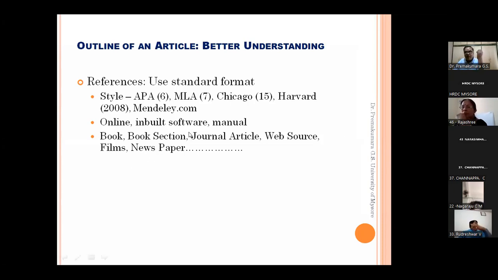Use some inbuilt software. For example, in Microsoft Word, there is one submenu known as References.